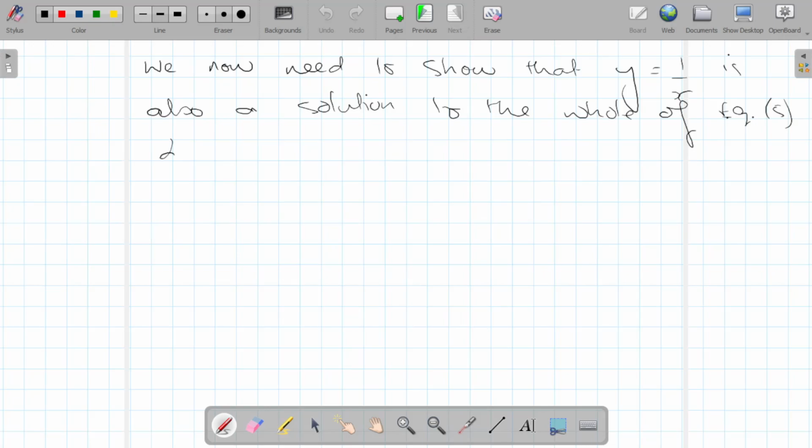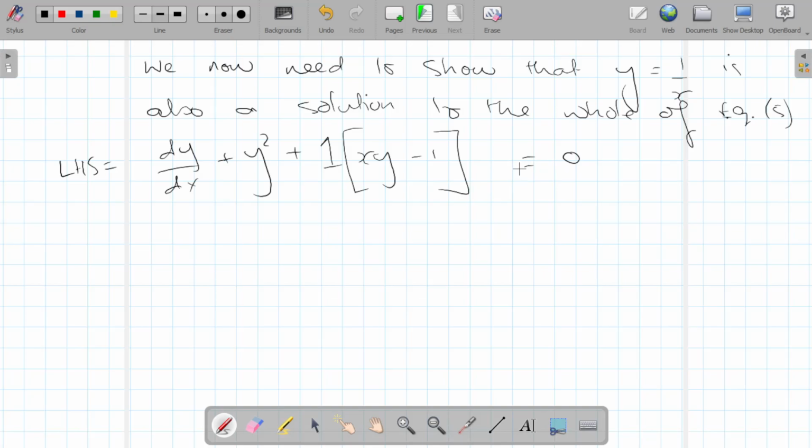So I'll just rewrite equation 5 again: dy by dx plus y squared plus 1 times xy minus 1, and we're saying that the left-hand side is equal to that. So we've got to prove that the left-hand side is equal to 0, but we can't write equal to 0 yet because we don't know.